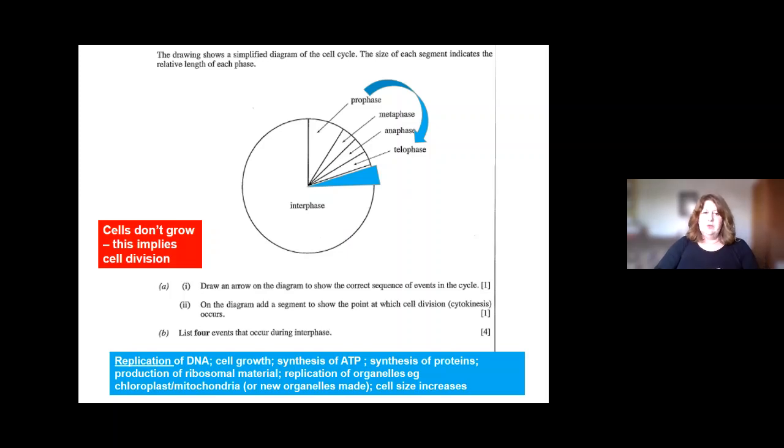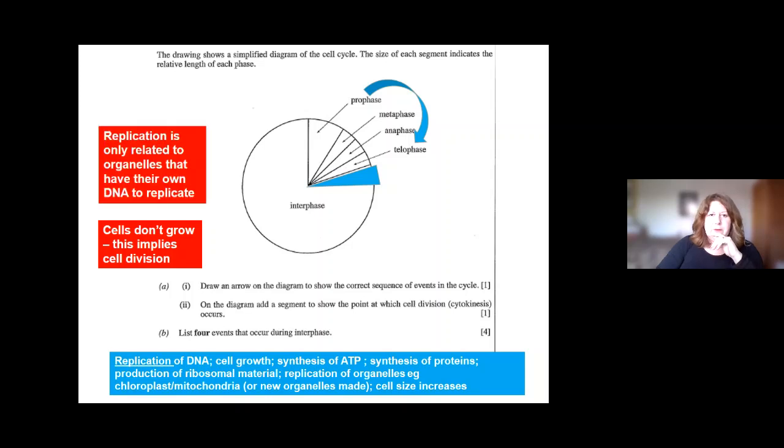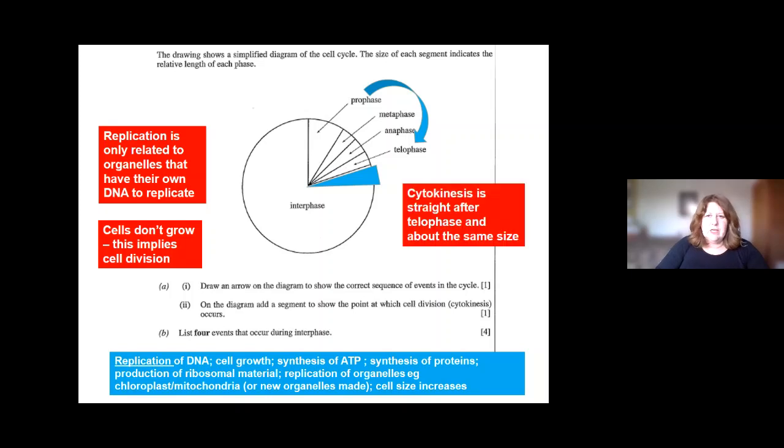Oh yes, I just thought it was worth mentioning again: remember, we're not talking about cells growing, because if we're talking about growing, we're implying something that is not happening here in interphase. And I've already mentioned that replication is just referring to mitochondria and chloroplasts that have their own DNA. Okay, so there we are.